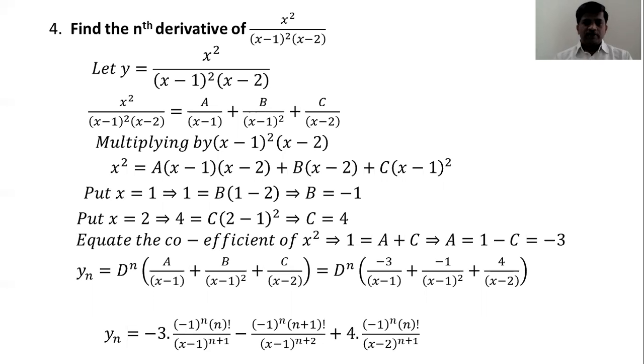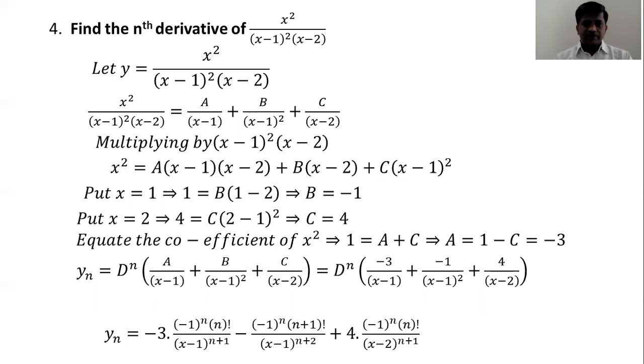Put x = 1. 1² is 1 = a becomes 0, b(1 − 2), so b = −1, and c is also 0. Put x = 2. 2² is 4 on the left-hand side; a becomes 0, b is also 0, c(2 − 1)², so c = 4. The remaining constant we calculate by equating the coefficient of x².